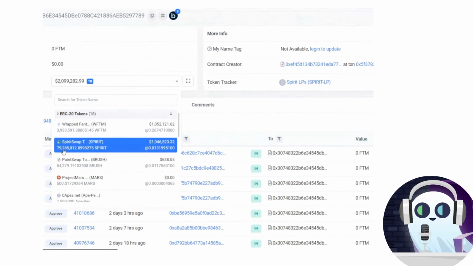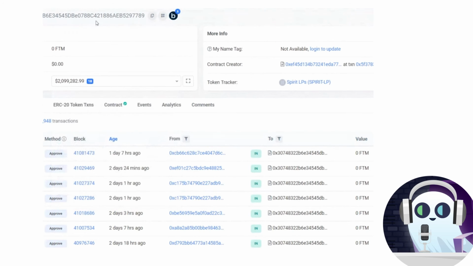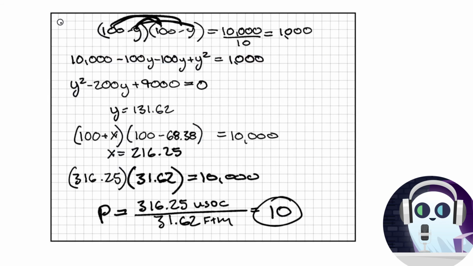There's about 80 million Spirit and 4 million FTM. But these numbers are going to be massive, so it might not be the best to whiteboard it out right now. That's all the math I had planned for today.